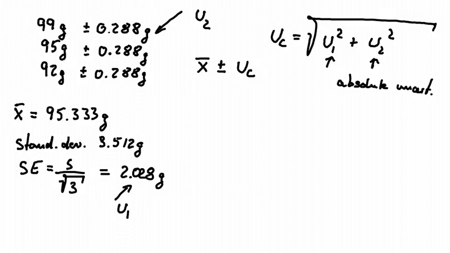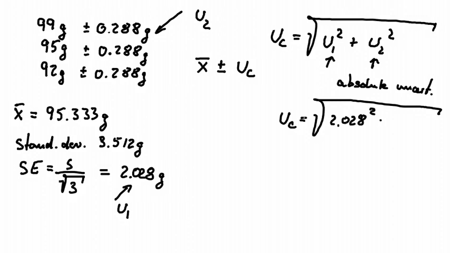So what we would get here for the combined uncertainty equals the square root of 2.028 squared plus 0.288 squared.